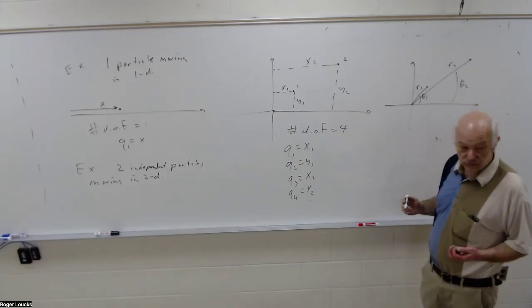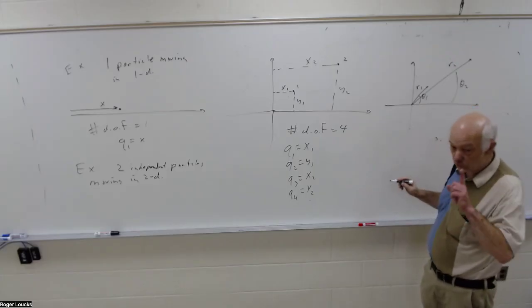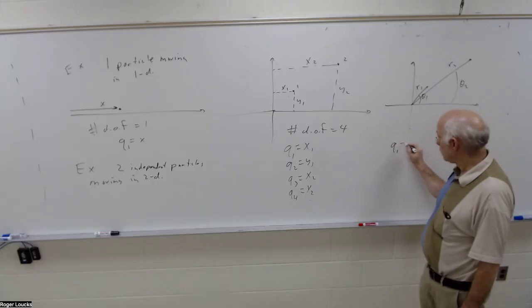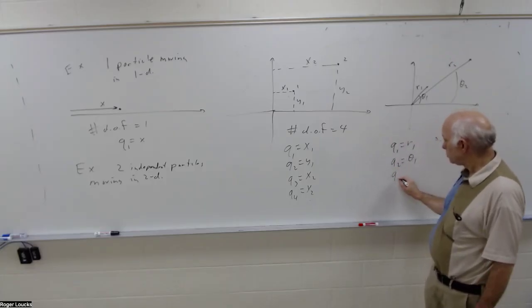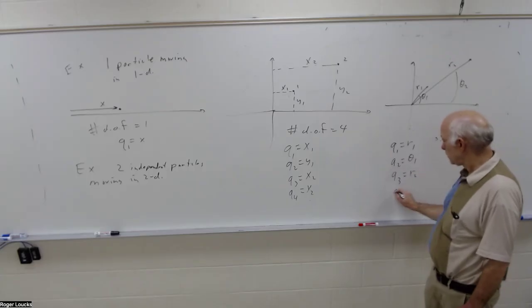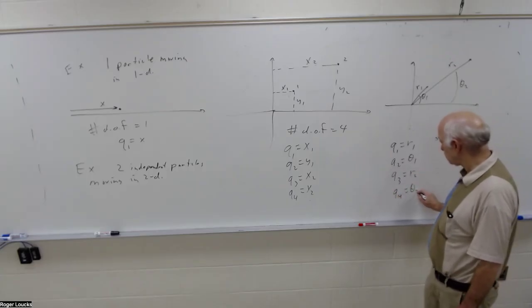So my friend says the generalized coordinates are really q1 equals R1, q2 equals theta 1, q3 equals R2, and q4 equals theta 2.